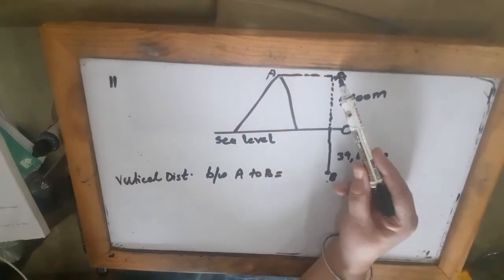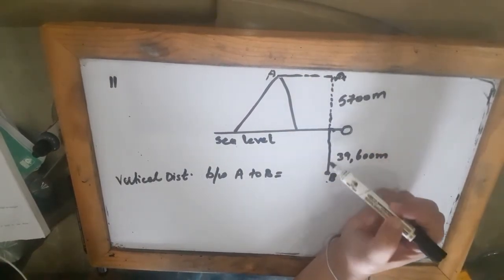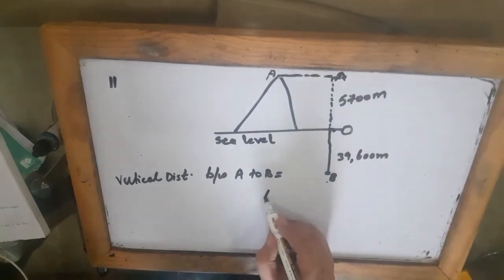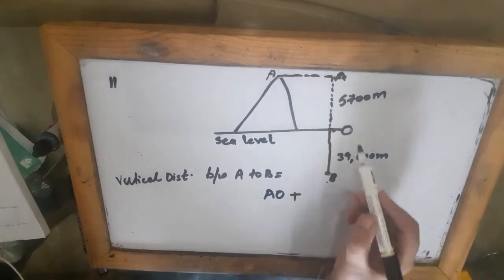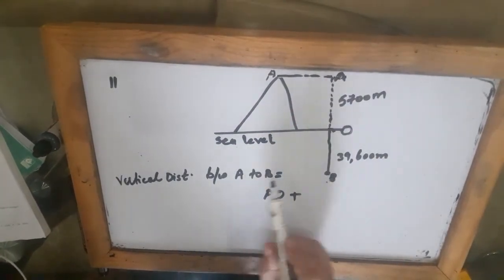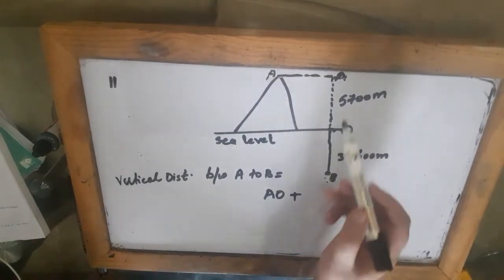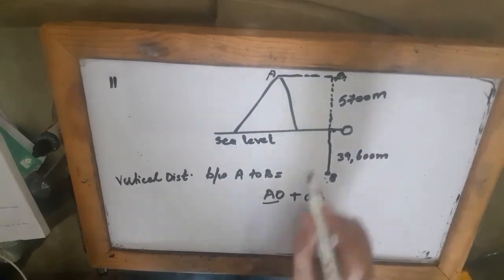It will be this much distance, AO plus OB. AO, distance from A to O, plus O to B. Then this whole distance will be equal to AB, meaning the vertical distance from A to B. So how much is A to O?